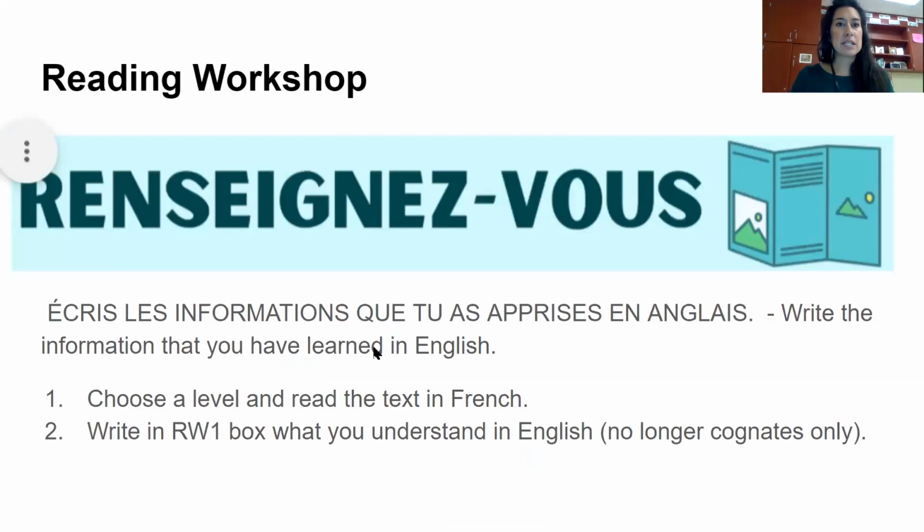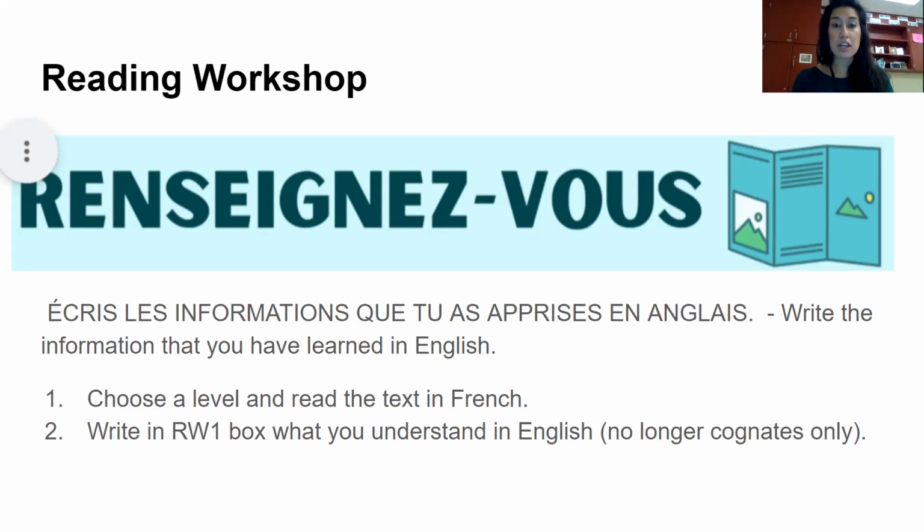Okay, so as usual at the beginning of class, we start with a reading workshop. But look, class, regardez, as you scroll down, you'll see that this says renseignez-vous. It no longer says trouve le contenant. So it is asking you to écrire les informations que tu as apprises en anglais. Write the information that you have learned in English.